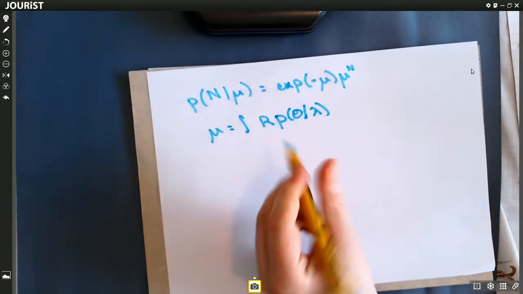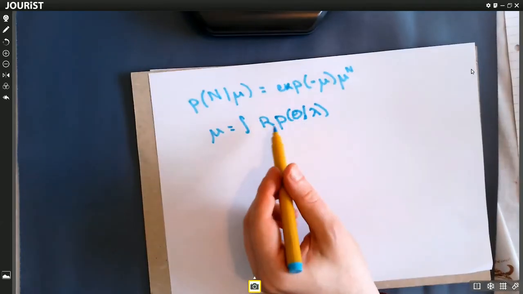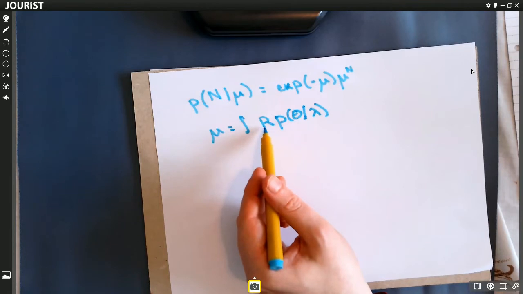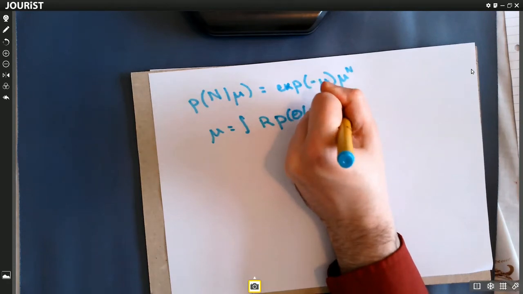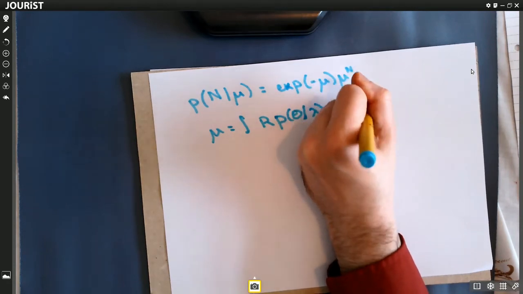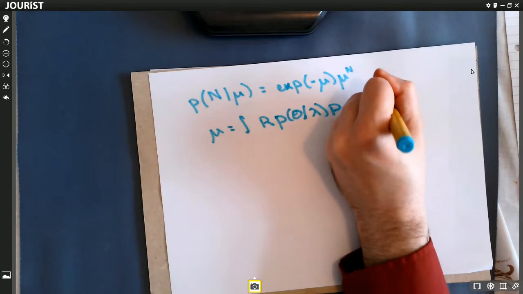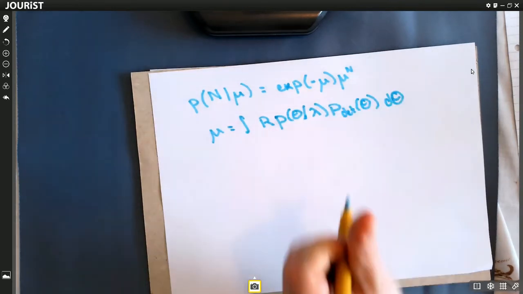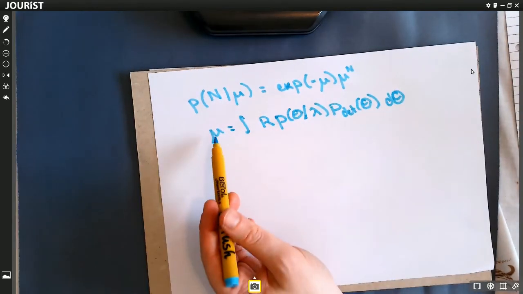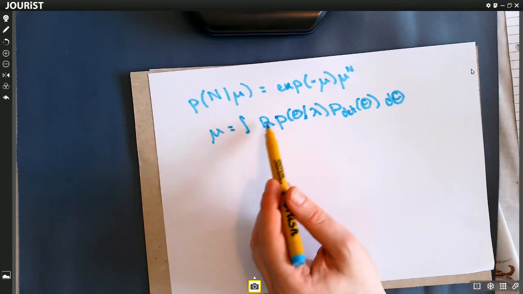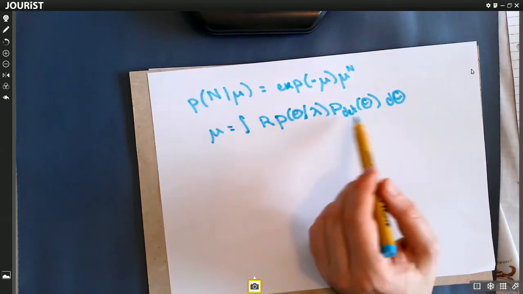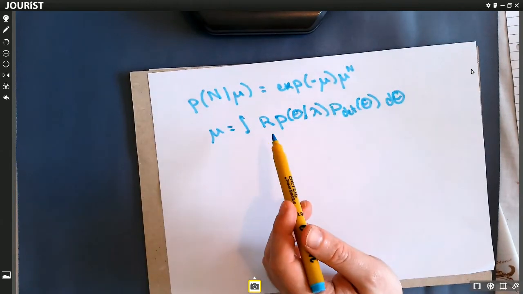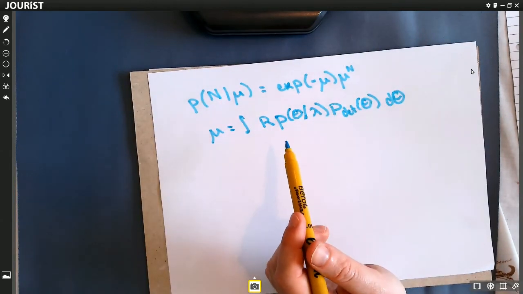So this tells us how many events we have with each value, with a normalization constant here representing the total number, and then the detectability of detecting each one with that set of parameters. Integrate that over all values of theta. So the rate of signals we expect to see is given by the astrophysical rate density times the detectability, integrated over all parameter space. Okay, everyone happy with that so far?